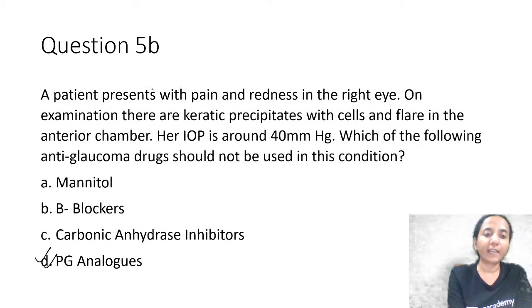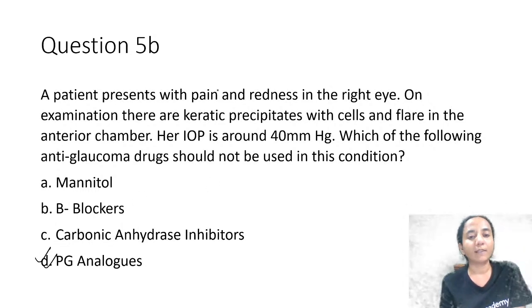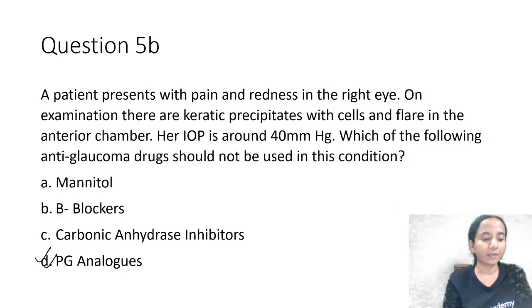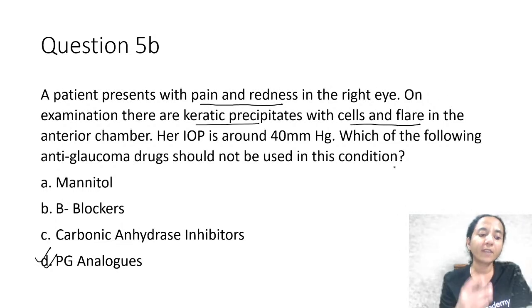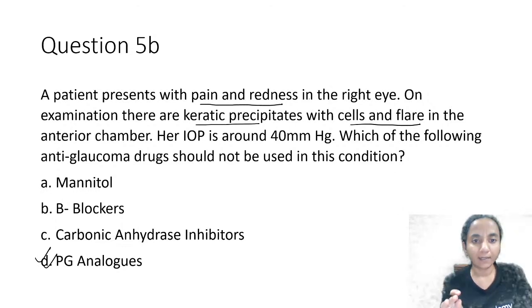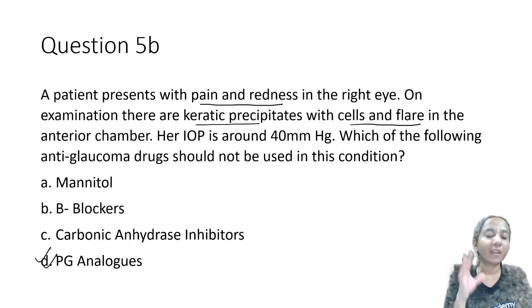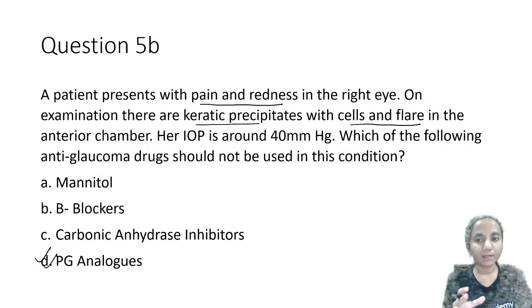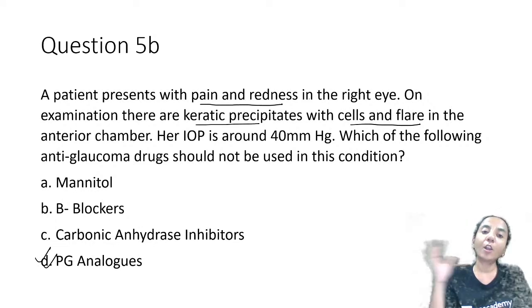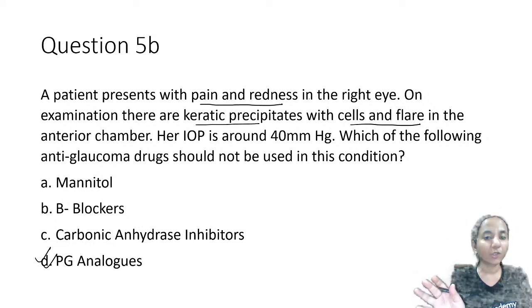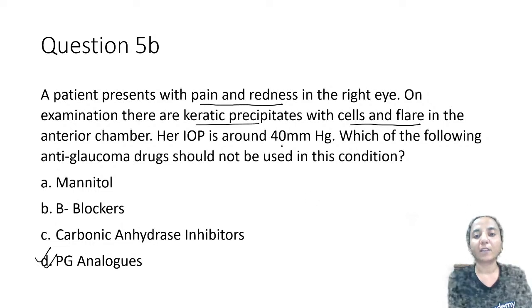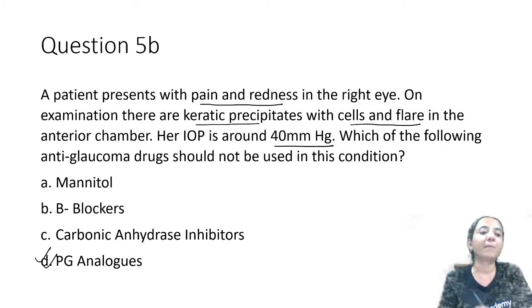But first of all, let us look at the question and try to understand what the diagnosis is. They have told us that there is pain and redness, there are keratic precipitates, and there are cells and flare. So this gives us a diagnosis of uveitis, because in uveitis you have a painful red eye, keratic precipitates, and cells and flare. But it is not just uveitis. Along with uveitis, you have a pressure of 40 millimeters of mercury.